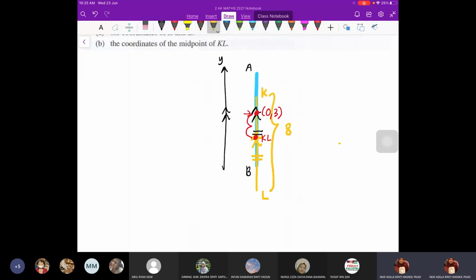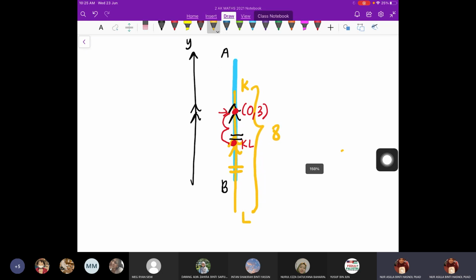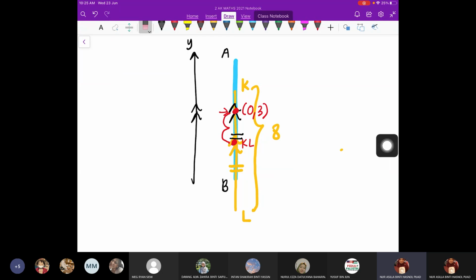Okay. Jelas tak? Okay. So jadi nampaknya KL saya di atas line AB. Okay. You see here. Okay. Jadi saya potong ni dulu. Sekejap, kita lukis balik.